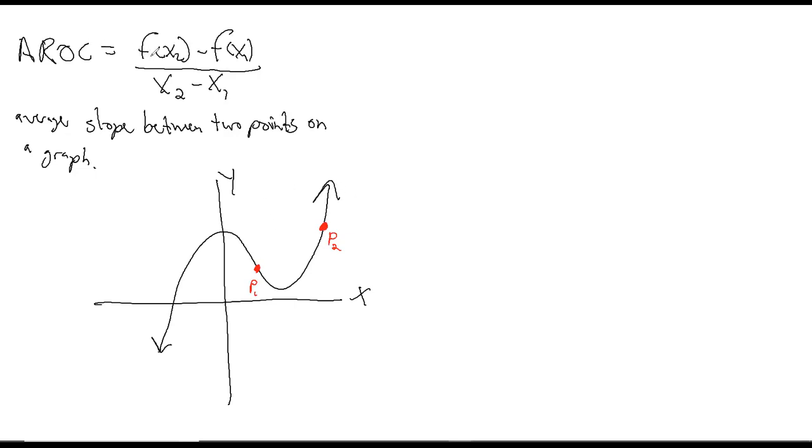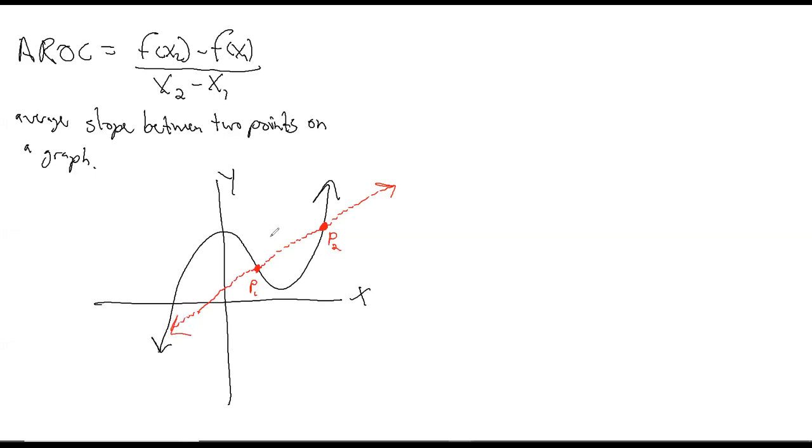The average rate of change from x1 to x2, and it doesn't matter where these are, is represented graphically by a secant line. A tangent line means touch and go, it's only a single point. A secant line uses 2 points. So it's a secant line between those 2 points, as straight as possible.